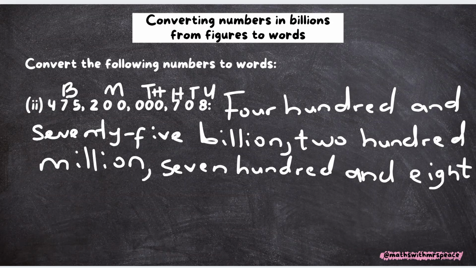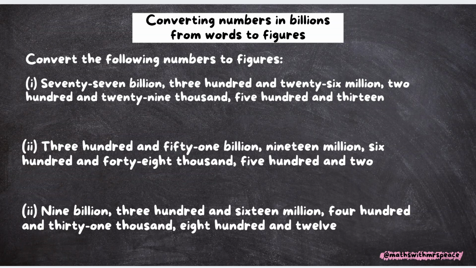So we're going to go ahead and do the reverse of what we've just done. We have some numbers here in words, and we are going to convert them from words to figures. And this one is pretty easier than the first one. You just have to read and write. Basically, you can just write as you read, but you have to pay attention for instances where you might have missing digits. So for the first one, we have 77 billion.